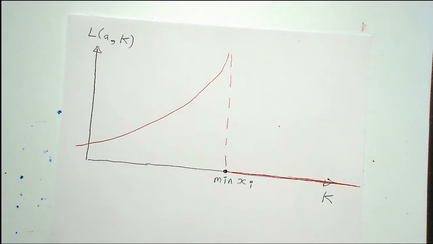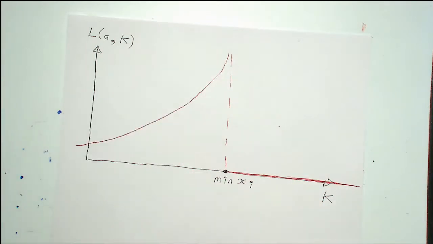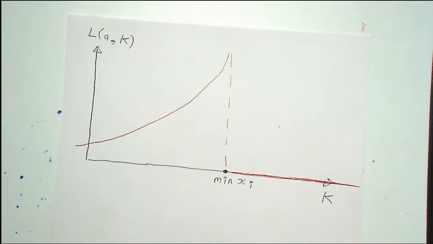If k is greater than the min, then this is 0. So the graph is an increasing function, and then it falls down to 0. Clear, guys? I keep telling my students, graphing functions is really important, especially when it comes to maximum likelihood estimation. If you have difficulties, the only thing I can suggest is try doing examples, and that's the way you develop your confidence in graphing functions.